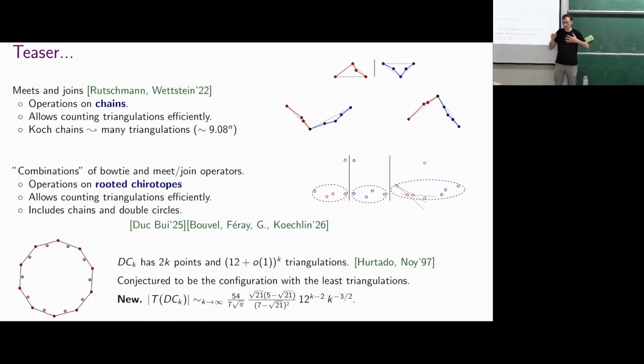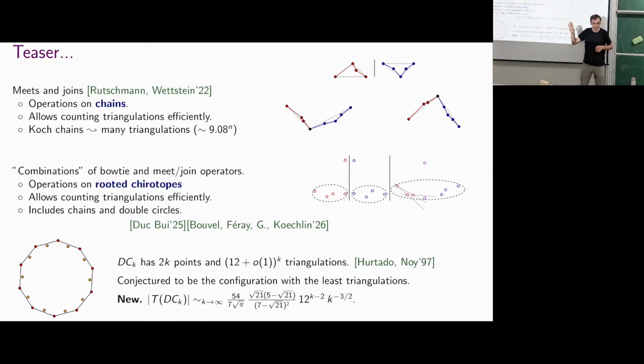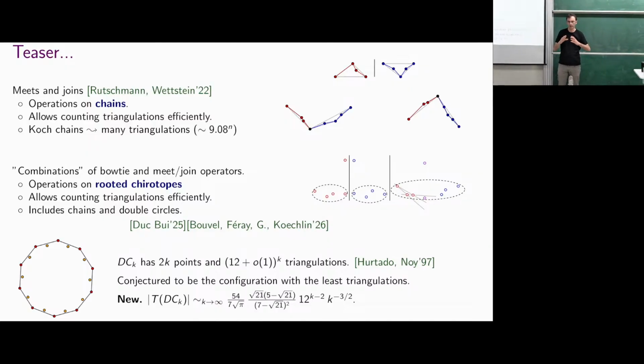And this they could analyze, they get this 9 to the n, or A to the n. Now, if you just look at the small example, say of size 8, it shows up in the list and it's not extreme. There are other examples of size 8 that have more triangulations.